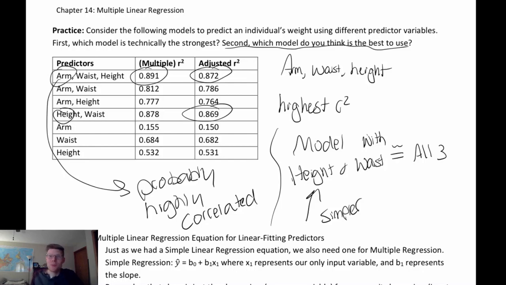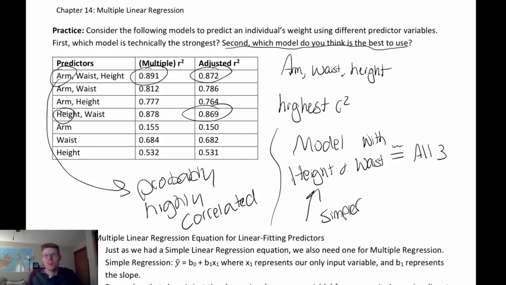This is a case where maybe it doesn't really matter, right? Like if I can get the other two variables, why wouldn't I be able to get arm length very easily? But perhaps I'm looking at some data where I don't have arm length for everybody. Maybe I have some medical data, and for basically 100% I have waist and height, and maybe only for about 80% I also have arm length.